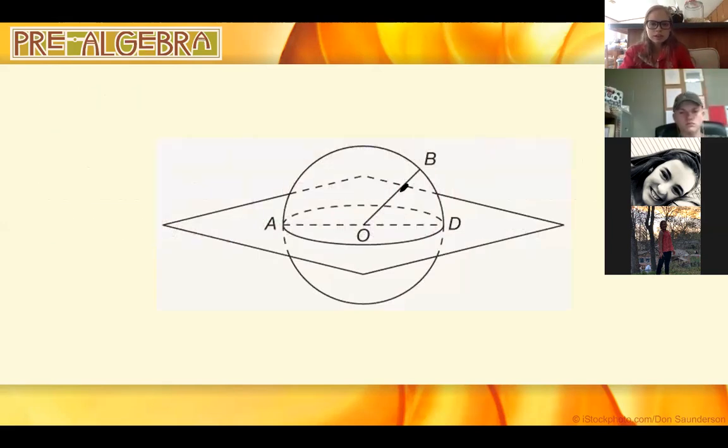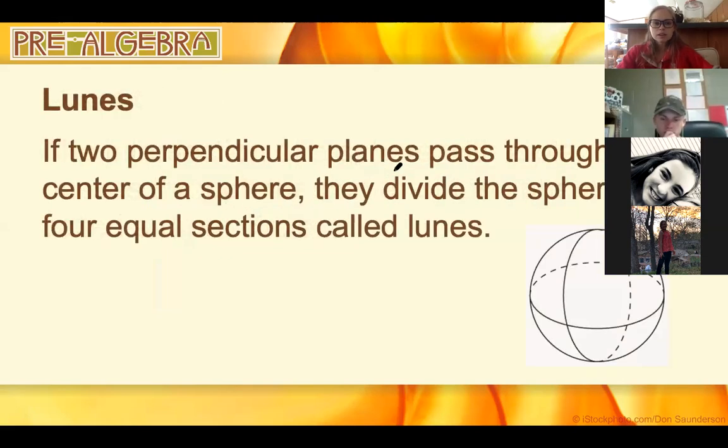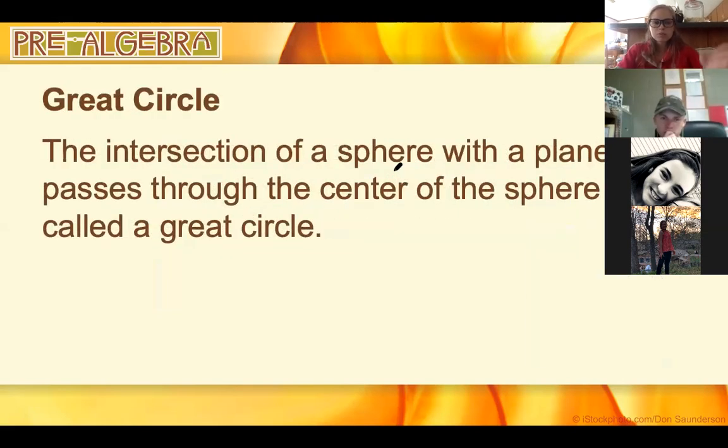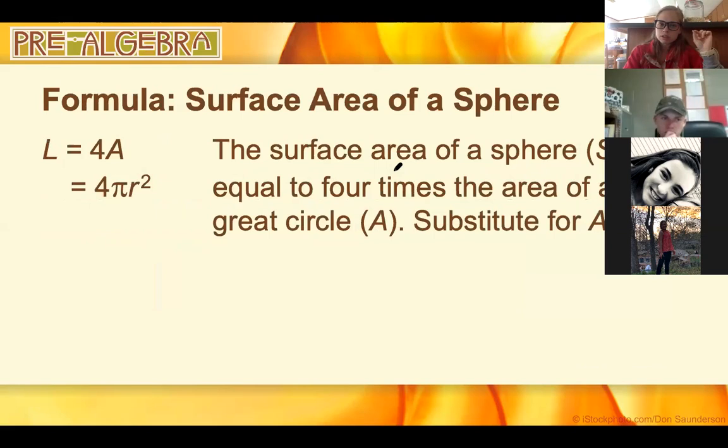So just like here's a sphere. If I go from the center of the circle to a point on the edge, so therefore segment OB is going to be the radius. All right, so here's just some other example or definitions. The intersection of a sphere, actually, you know what, let's go over these later.